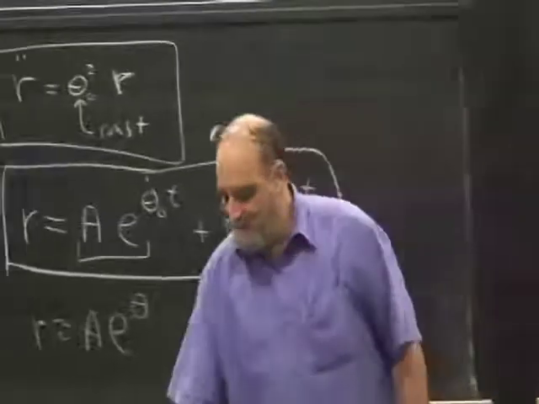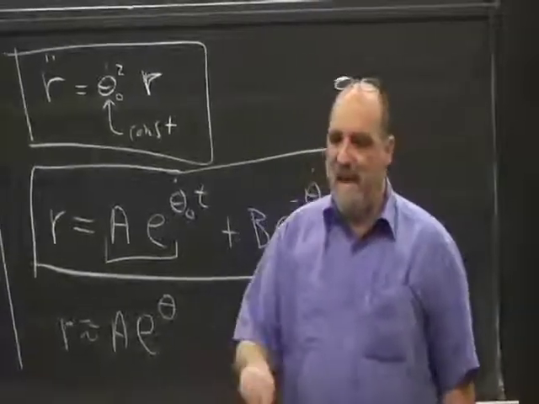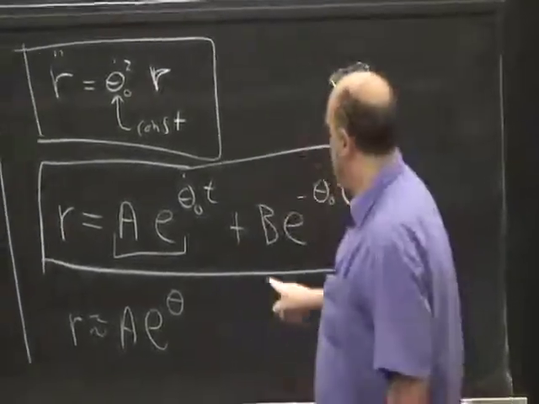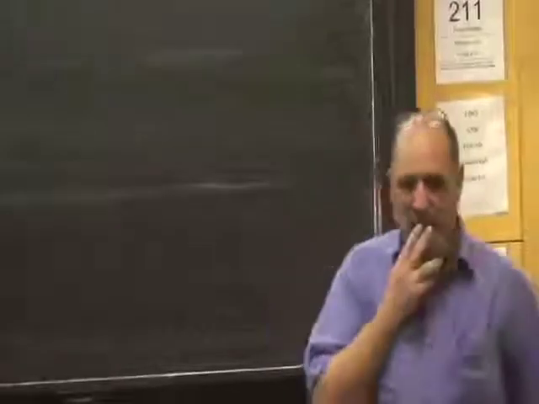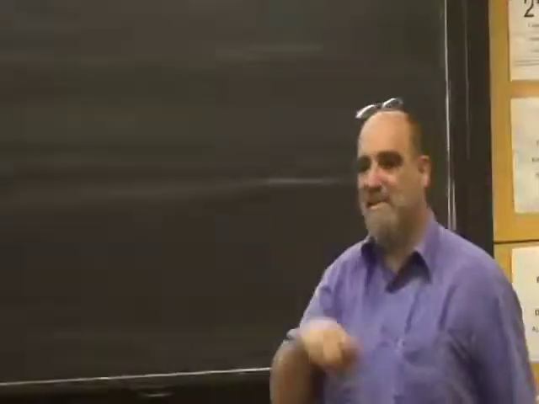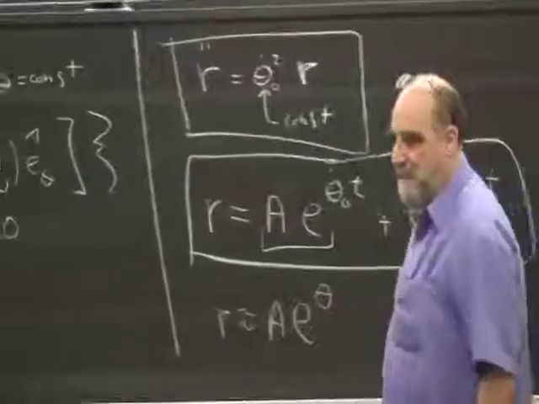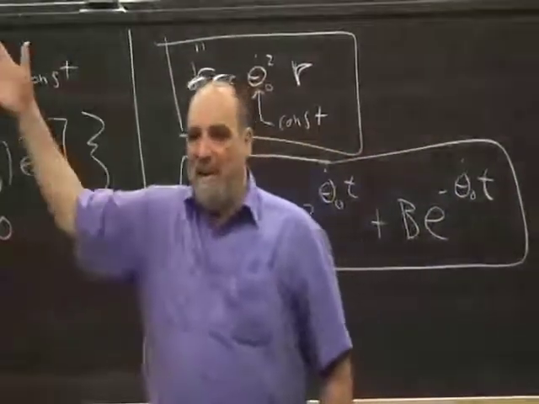It means that the radius of this thing increases by about a factor of 25 in half a revolution. Actually, that's off by a factor of 2 because this A is not the initial radius, it's only half of the initial radius, which we'll figure out from the initial conditions. Anyway, this thing increases in speed exponentially, increases in radius exponentially. Any quick questions?